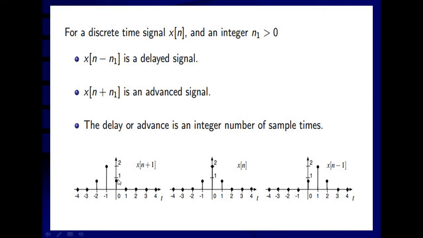This is a simple depiction of x of n plus 1, x of n minus 1, x of t plus 1 and x of t minus 1, where in all the examples we have seen, we have used 1 time unit as the shift, either delayed or advanced. This will continue with the same time shifts of x of n plus 2, x of n minus 2, x of n plus 3 and x of n minus 3, where you will shift 2 or 3 time units respectively.